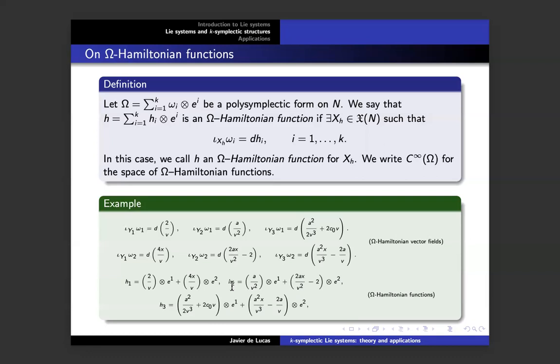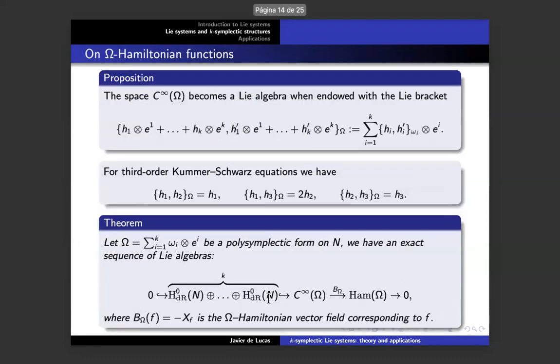Is there any way of defining this? The answer is yes, it can be done. The way of doing that is that if you have some C infinity omega Hamiltonian functions, the omega bracket is just to take the bracket of each component and make the tensor product with the index i. So it works, this bracket, okay?